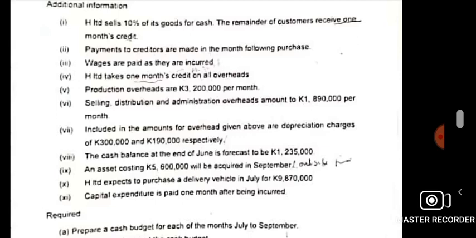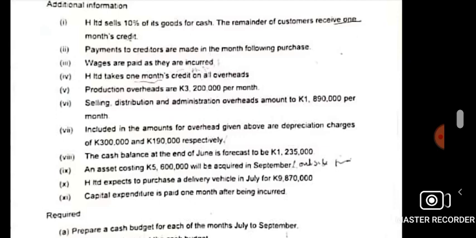Imagine if you just saw it first hand and you just recorded, you would get it wrong because of not following instructions. The other one, H Limited expects to purchase a delivery vehicle in July for 9,870,000. Equally, it's a capital expenditure. You said buying fixed assets like motor vehicles, delivery vehicles, equipment, and the like.